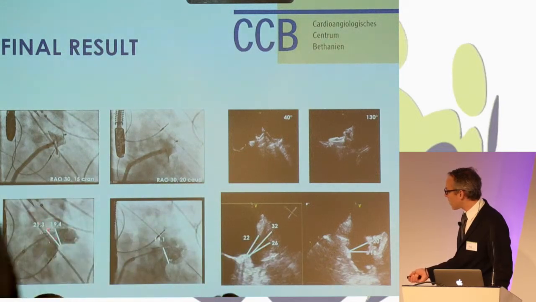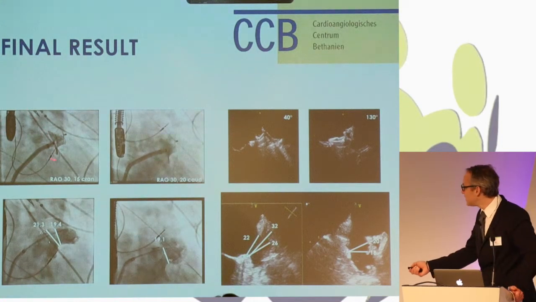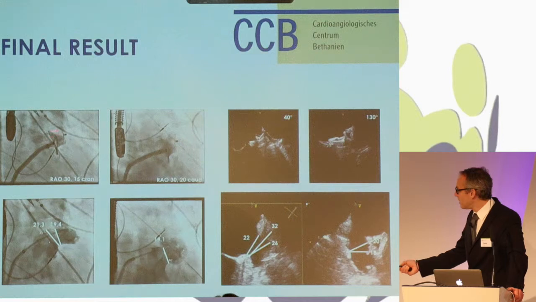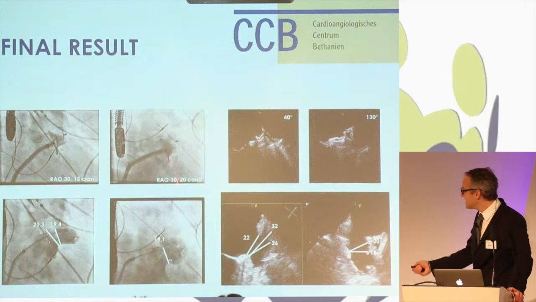You see that was the RAO cranial angiogram, and you have this nice cable running here by accident, and we see that the lobe is completely behind the cable. I admit that the disc is a little bit inside the ostium of the left atrial appendage. In the caudal view, we also see that we obtained a quite distal position where we measured the landing zone at 19.